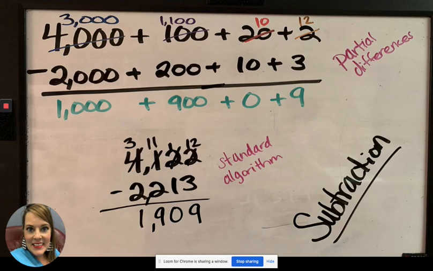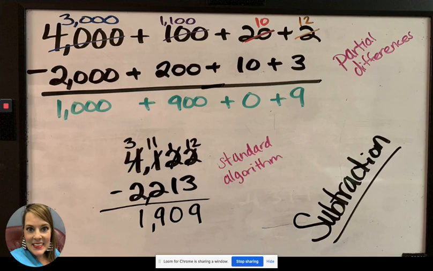And so then I made that 1,100. And then when I look at the next place, you can subtract 10 from 20. However, I did need to end up regrouping because when you look at the ones place, you cannot take 3 from 2. So I did regroup from the tens place and gave a 10 to the ones place, which made the 20 in the tens place a 10, and it made the 2 in the ones place a 12.